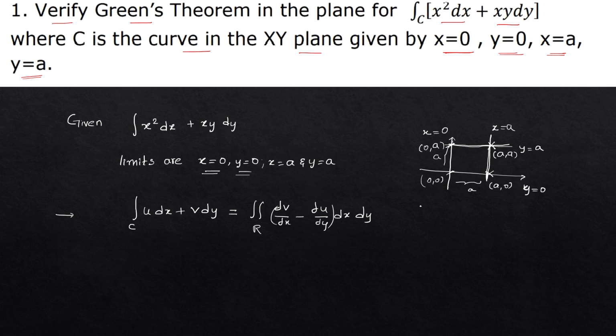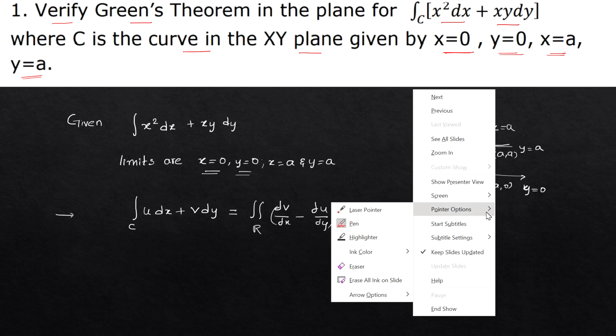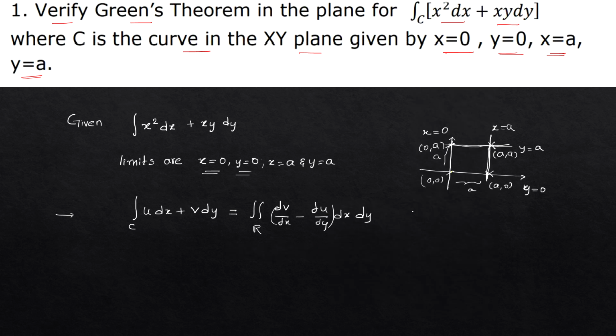Now let me give the points notations so that we can integrate easily. Let me assume this point as O, this point as A, this point as B, and this point as C. Now first we have to verify the Green's theorem statement for LHS.